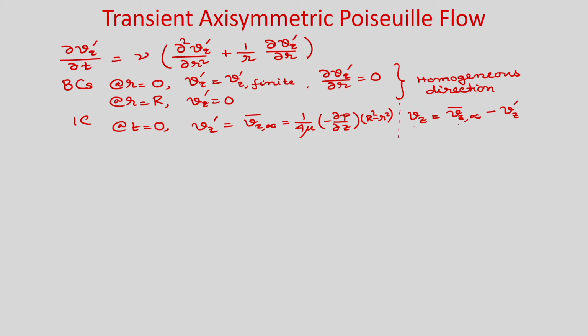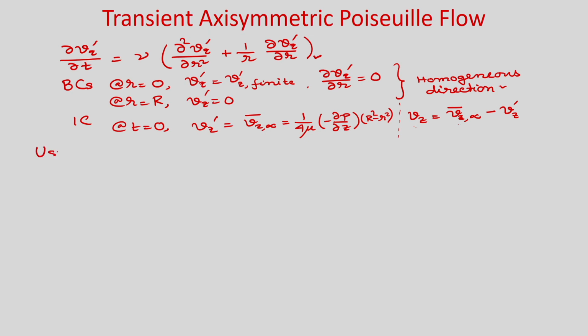So, you can see now we have a linear and homogeneous governing equation, and the r direction is a homogeneous direction. So, we can use the separation of variables method. Now we will find the solution Vz prime as a product of two individual solutions, R which is a function of r only, and tau which is a function of t only.